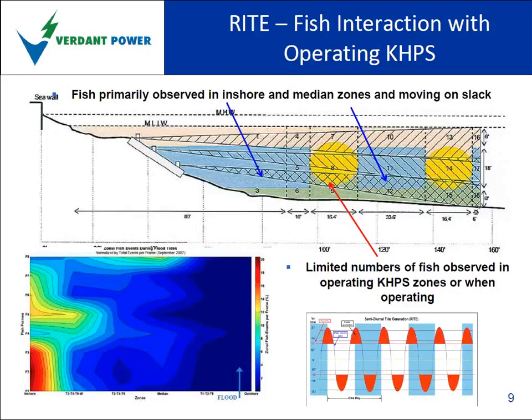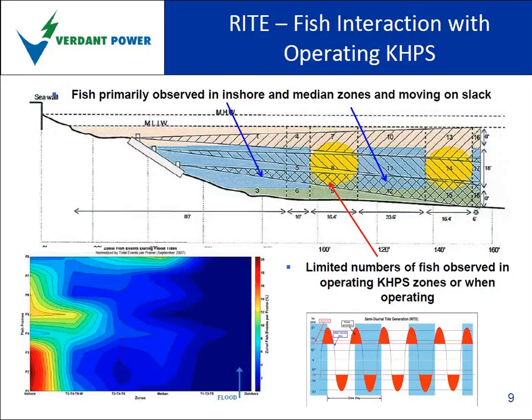The second element that we observed through all of the demonstration was that fish are primarily observed inshore and in the median zones, and there are limited numbers of fish observed when the machines were actually operating. So down in the lower right corner, you're seeing a sine curve of the tide curve in the area. Of course, the machines are operating in the red zones.